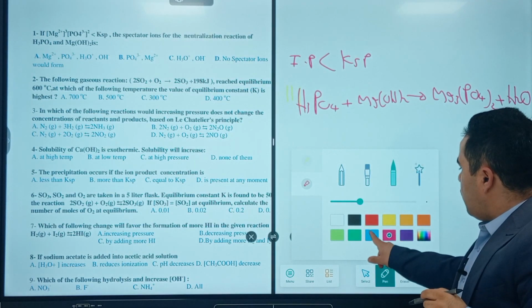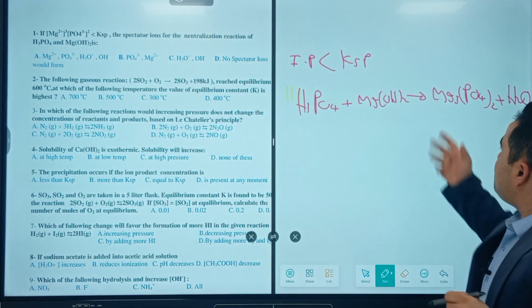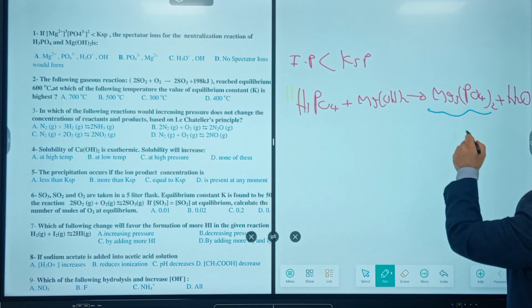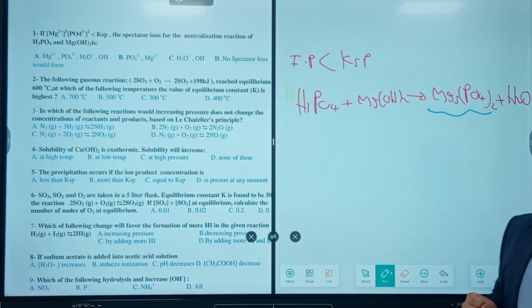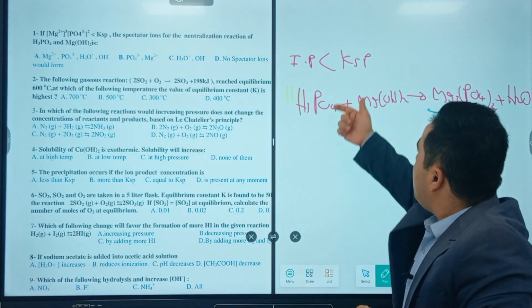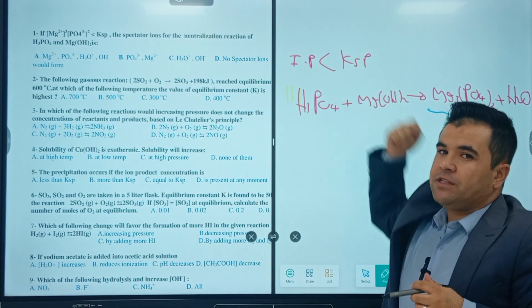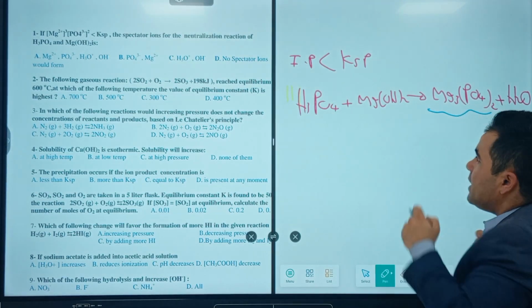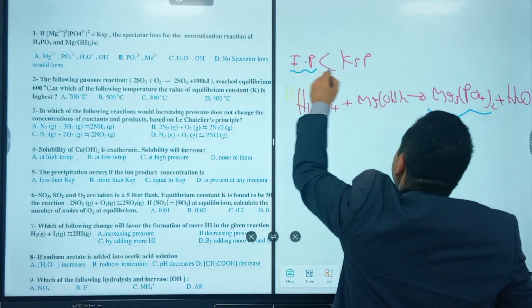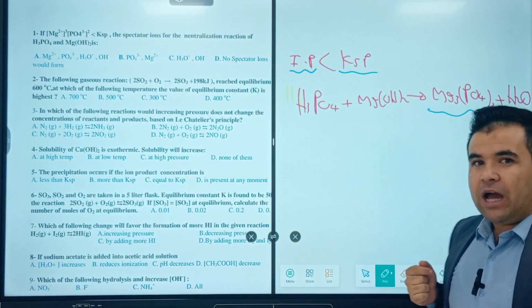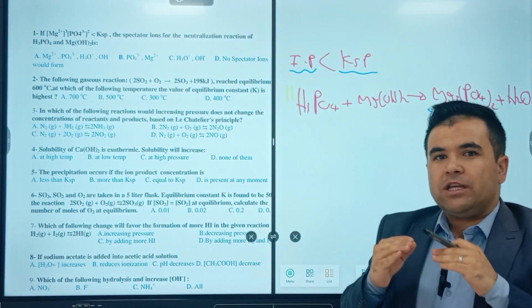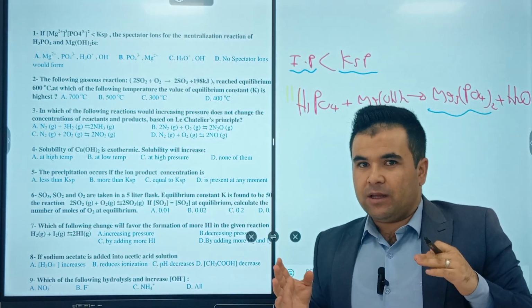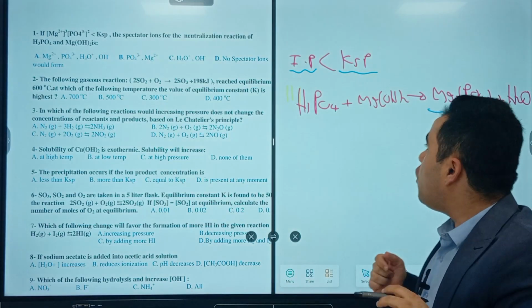In order to know whether magnesium phosphate will be a precipitate or not, we have to decide based on the given condition: when the IP is lower than the Ksp, the salt will not be a precipitate and it will be soluble.